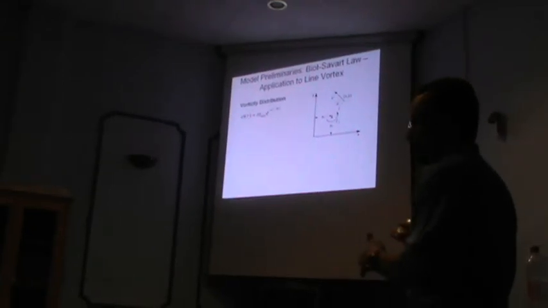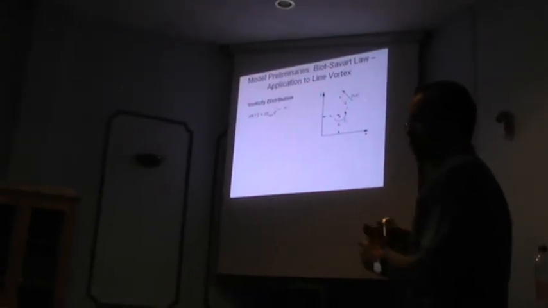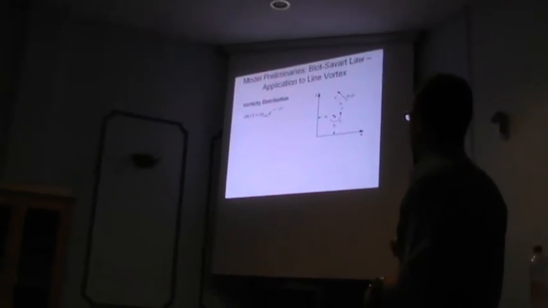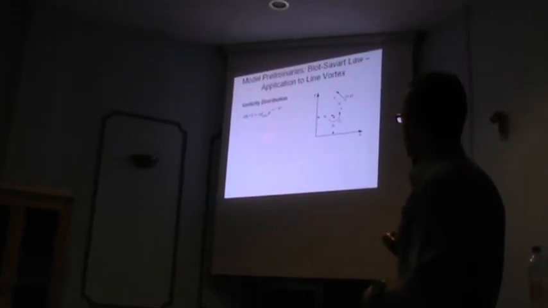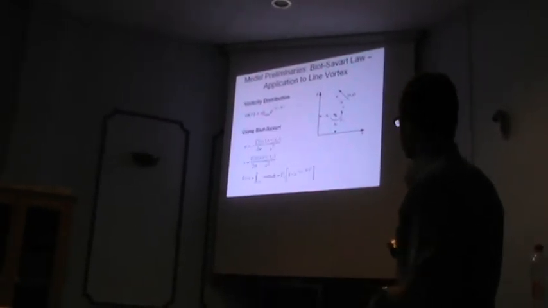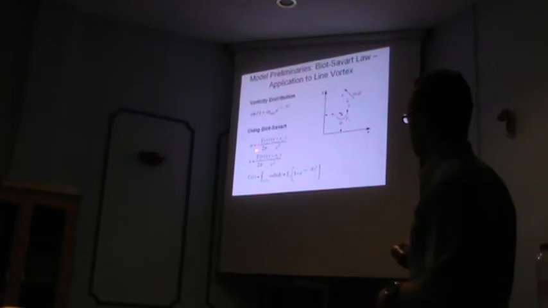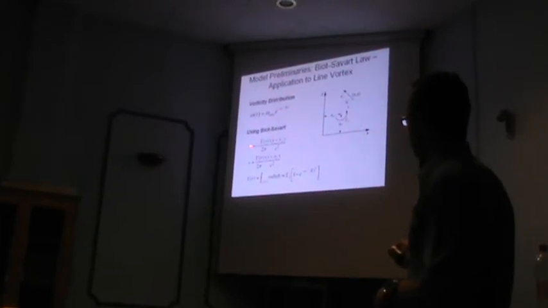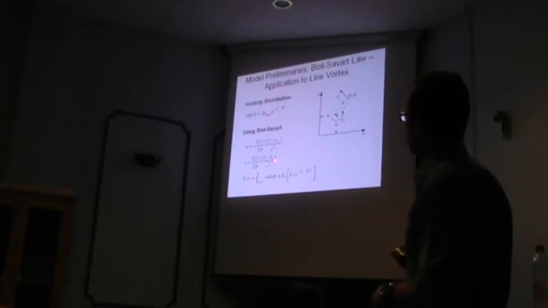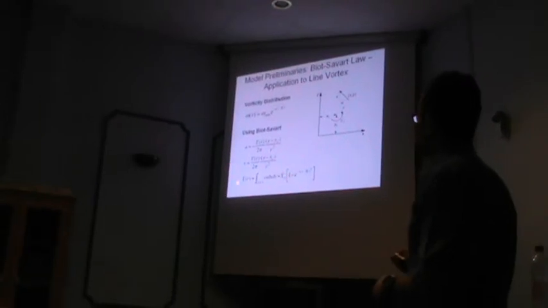And if this is a good choice, our model will give us good predictions. If not, then we have to change things. Now, given this vorticity distribution, we can plug it into the Biot-Savart law in order to get the corresponding velocity. And we can get the streamwise u and the v velocity using these expressions over here, where the circulation gamma is defined as such.